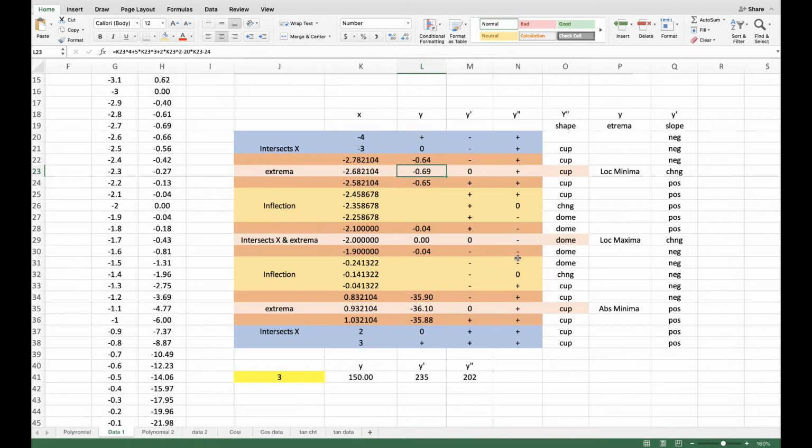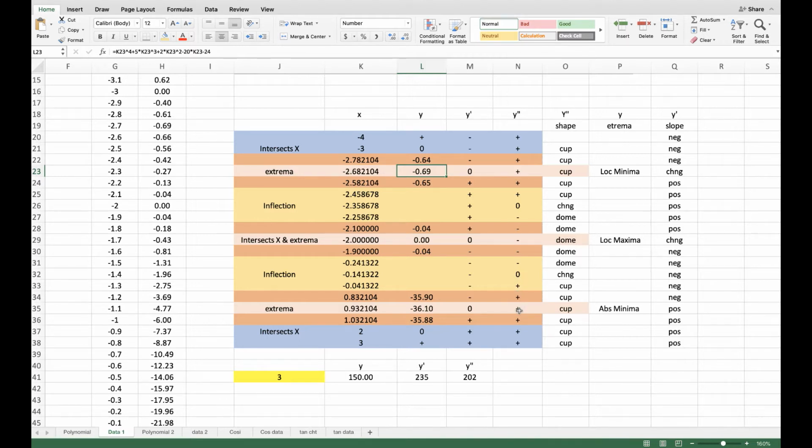And then again, we have an inflection point at this value on the x-axis, minus 0.14132, which shows that the shape of the second derivative has again become positive or cup-shaped.